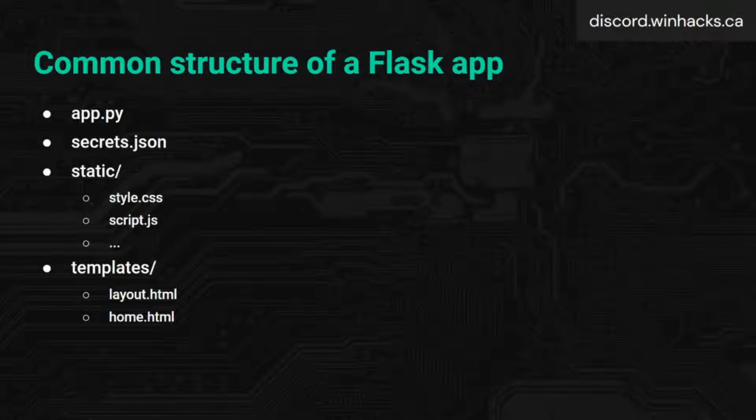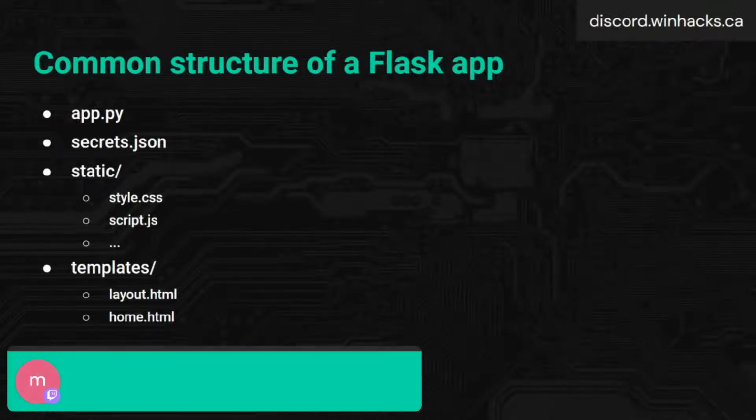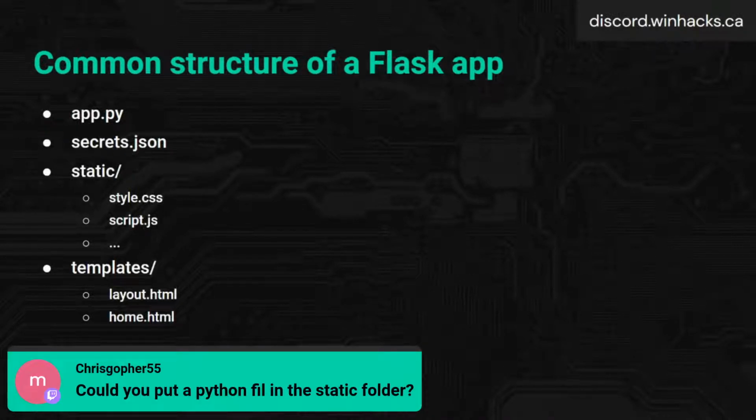And I'm seeing another question here. Could you put a Python file in the static folder? The answer is yes, but you probably wouldn't want to. The reason is the static folder is a special folder for Flask that's just for serving the actual content of the files, right?